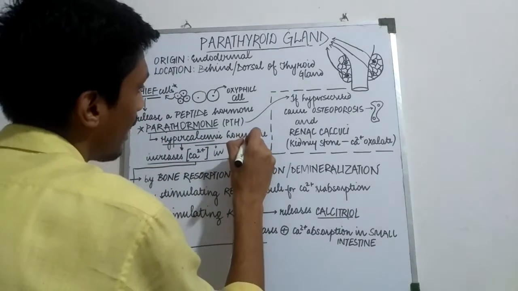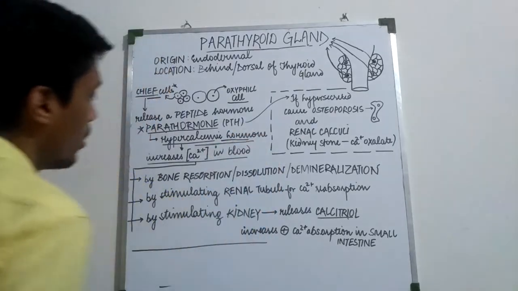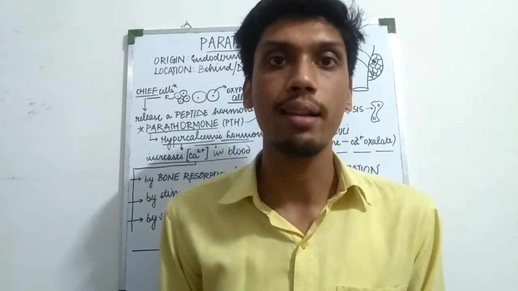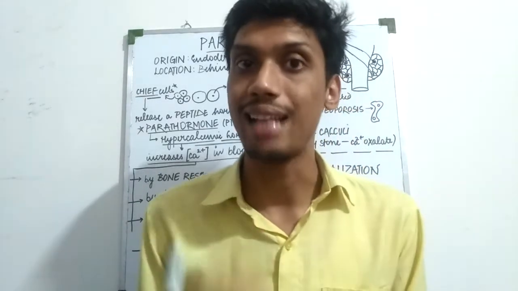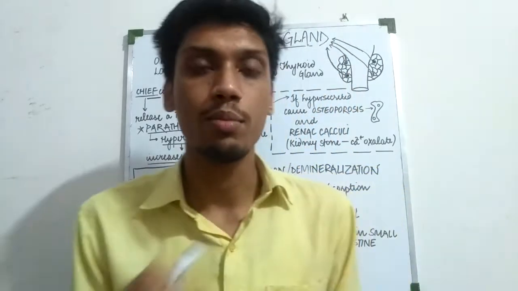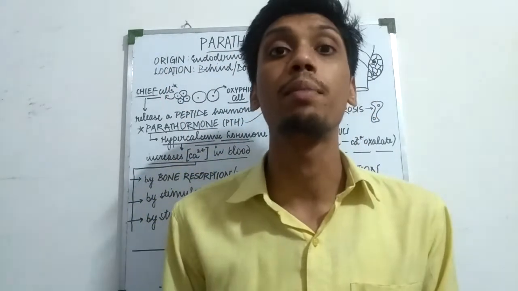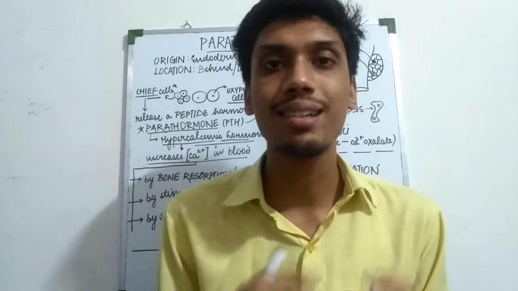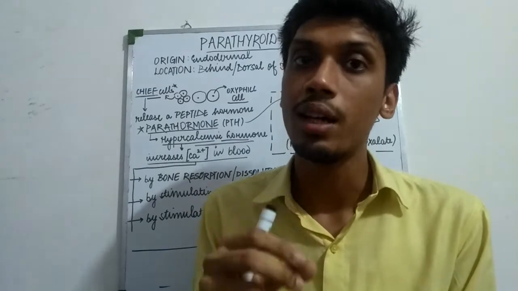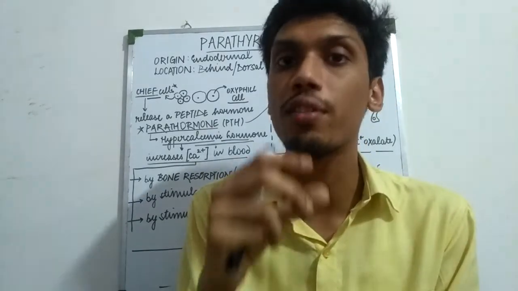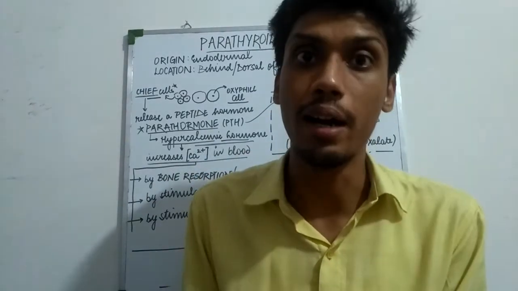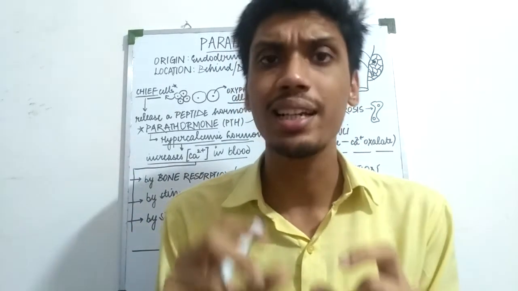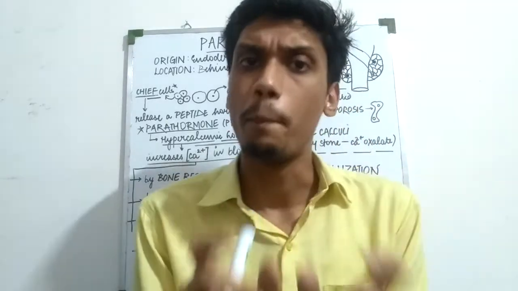In the previous lecture about the thyroid gland, I told you what hypercalcemic means. Terms like hypercalcemic, hyperglycemic, hypoglycemic or hypocalcemic are related to the concentration of the substance we are talking about in the blood, in the blood circulation. So here it is hypercalcemic. I always tell you to break the words.